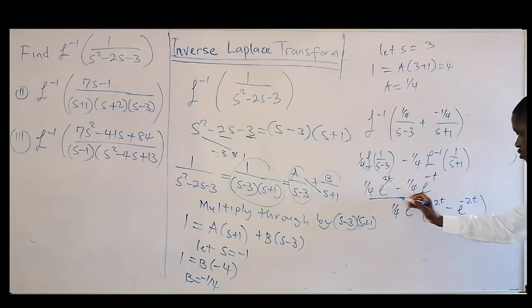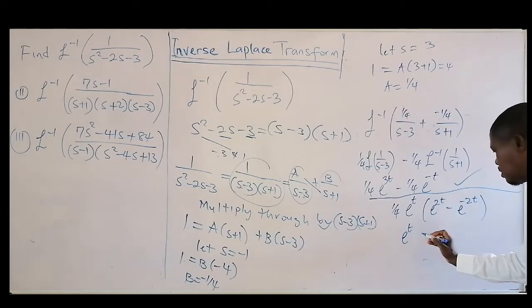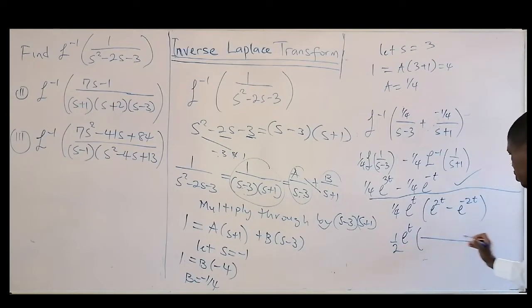You can stop here, you just want to do some little adjustments. So with this we can have e to the t into brackets, half can be outside there, I'll bring this one in: e to the 2t minus e to the minus 2t, all over 2.